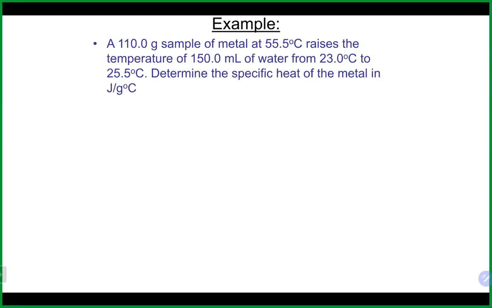We take a 110 gram sample of a metal at 55.5, raises the temperature of 150 milliliters of water from 23 to 25.5, determine the specific heat capacity. Okay, let's take a look. So it's kind of the same situation. We got 150 milliliters of water.